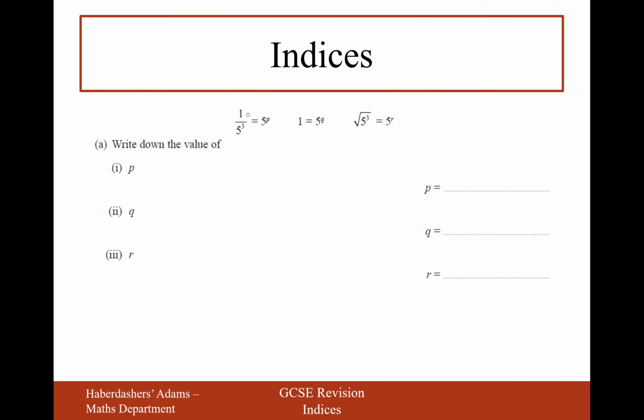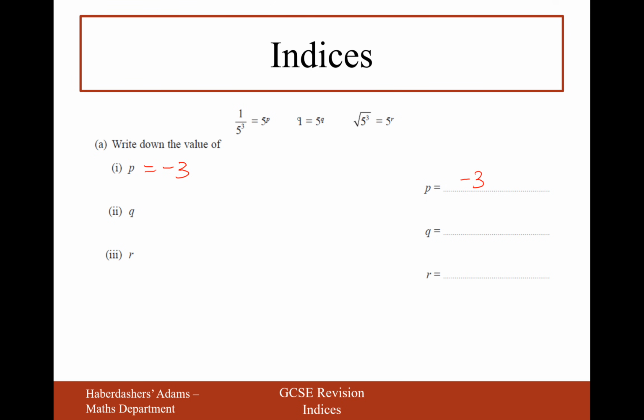Okay, so for the first one here, it says 1 over 5 to the power of 3 equals 5 to the power of p. Well, the value of p here must be a negative number, because that's what created the fraction, and it must be a 3, because that's the power on the 5 on the bottom, so p must be minus 3. In this one here, it's 5 to the power of something equals 1.